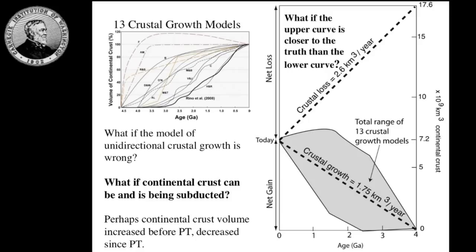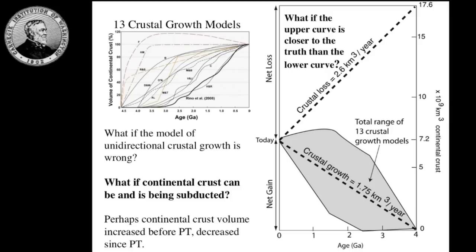What if plate tectonics takes off at some point, and since then continental crust has been decreasing? Then the crustal growth curves, instead of being inside this envelope for the 13 accepted models, could have followed this. The Earth could have been completely encased in continental crust in the early Earth, and since that time we've been decreasing it.